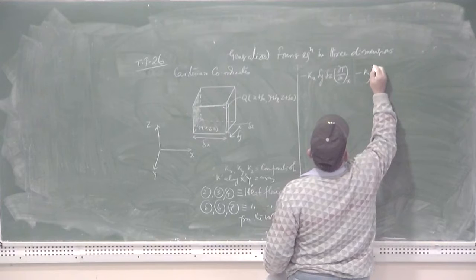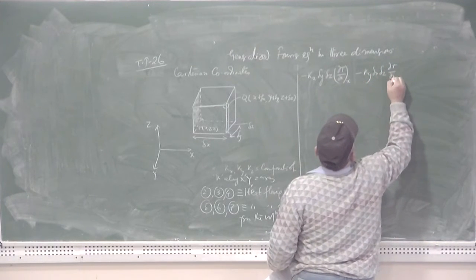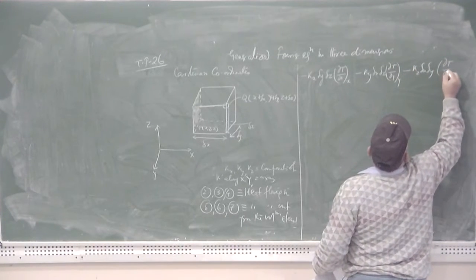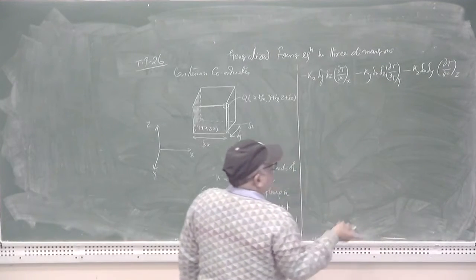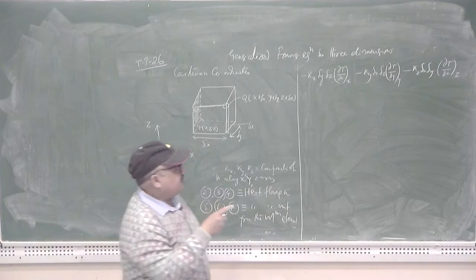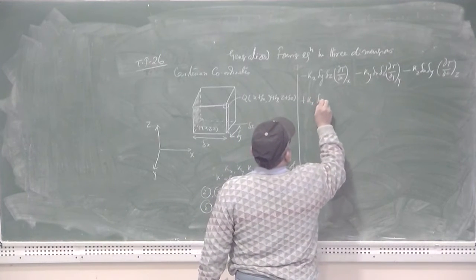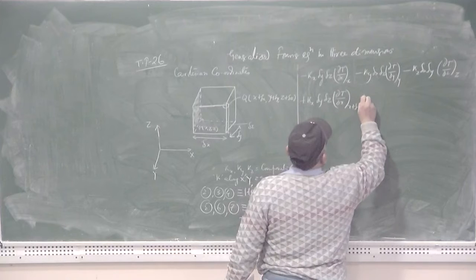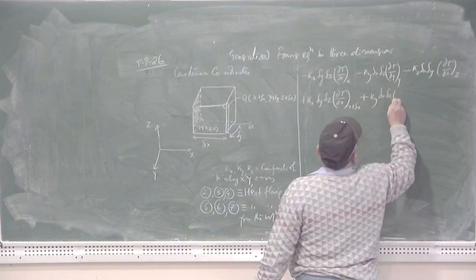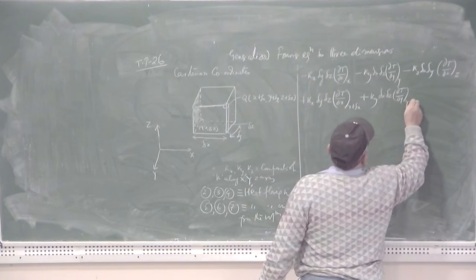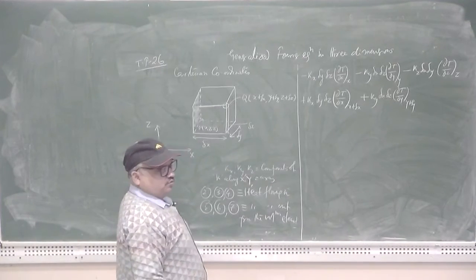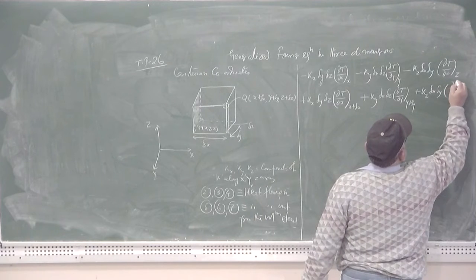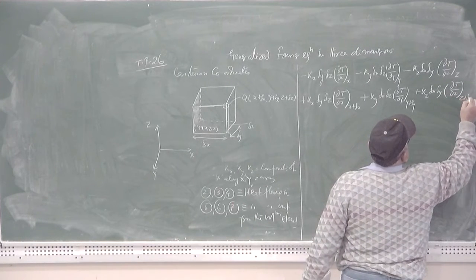This is along the x axis, this is along the y axis, minus kz delta x delta y delta T by delta z at z, minus heat energy out, so minus plus, so this will get plus kx delta y delta z delta T by delta x at the value x equal to x plus delta x, plus ky delta x delta z delta T by delta y at the value y equal to y plus delta y, plus kz delta x delta y and the value of this temperature gradient at the point z equal to z plus delta z.